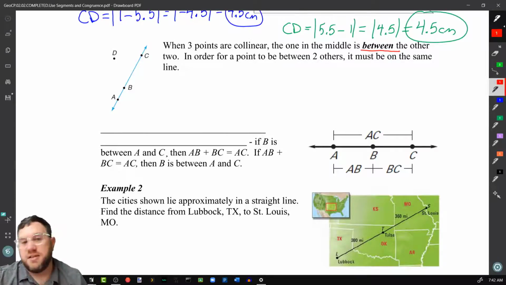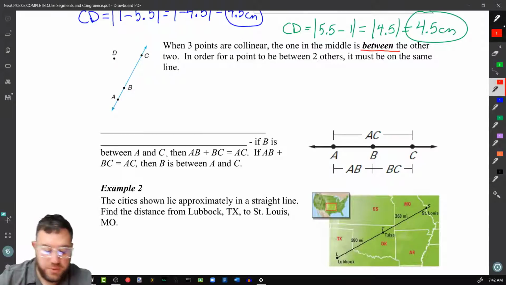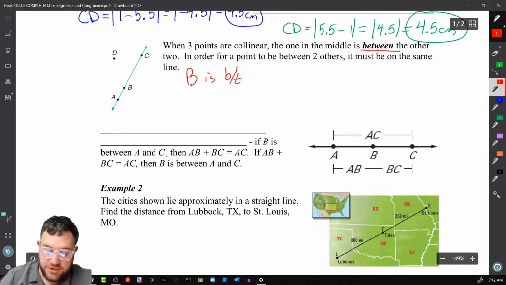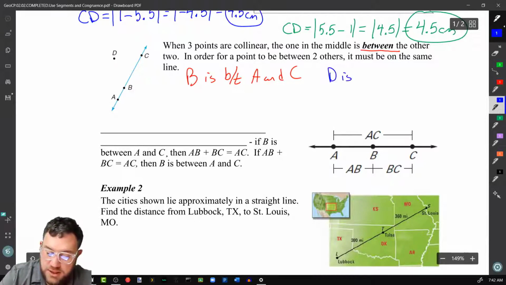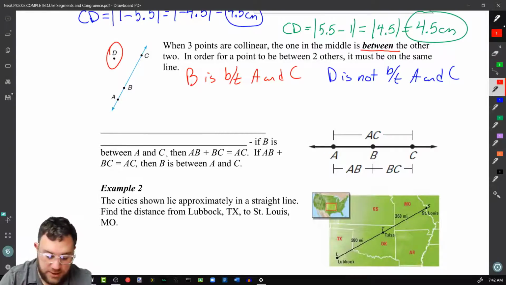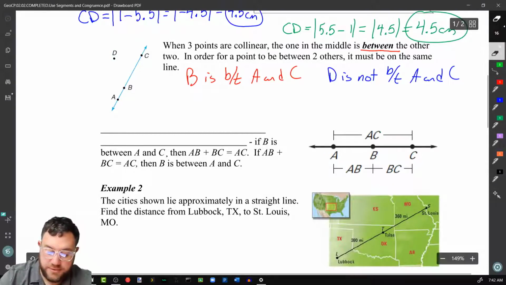If they're not on the same line, you can't say one is between. So in this diagram, we could say B is between, and I'm going to use B/T to abbreviate that, A and C. D is not between A and C. So you can see, because D is not on the same line, it is not between the other two.